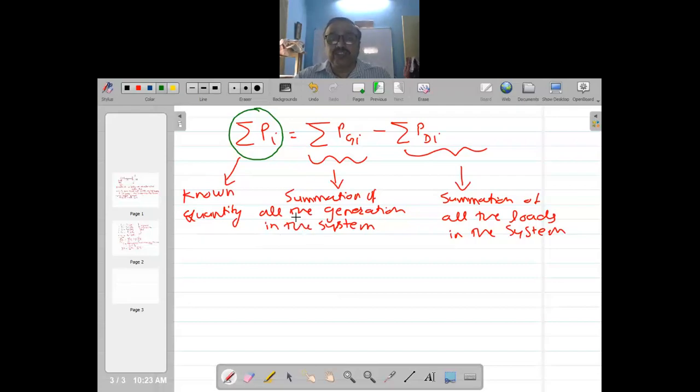Now what is summation of all the generation? This is sigma Pgi. Summation of all the loads is sigma Pdi. So this will be total generation and this will be total of loads. What is the difference between total generation and total load? You have to think over this.